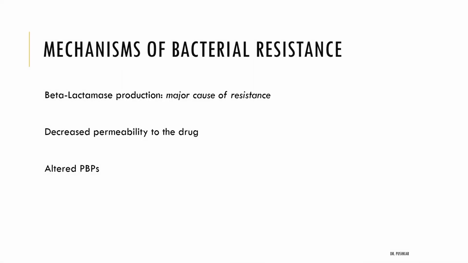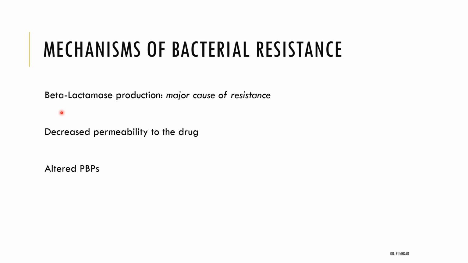Now we know that these bacteria may develop resistance to these beta-lactam antibiotics, and the major mechanism of this development of bacterial resistance is the production of beta-lactamase. This beta-lactamase is an enzyme which is produced by the bacteria, and this enzyme hydrolyzes the bond in the beta lactam ring.